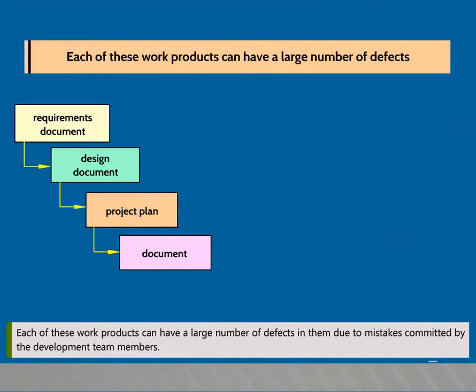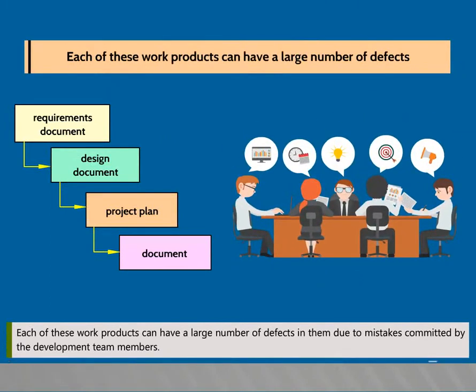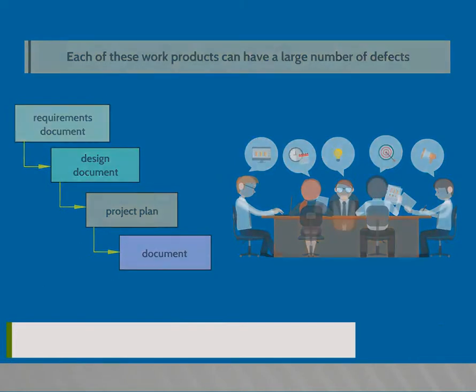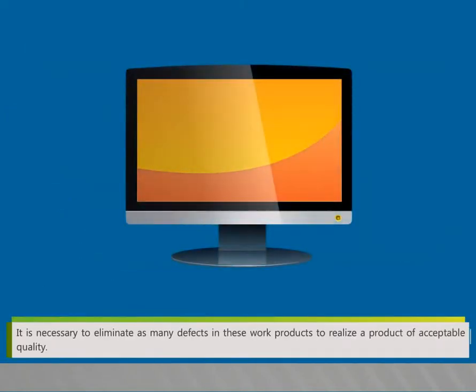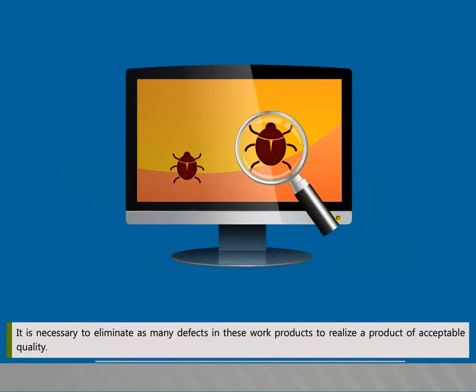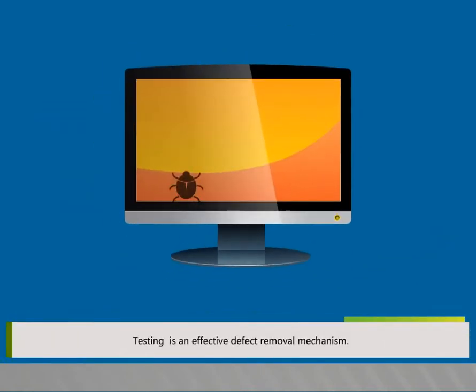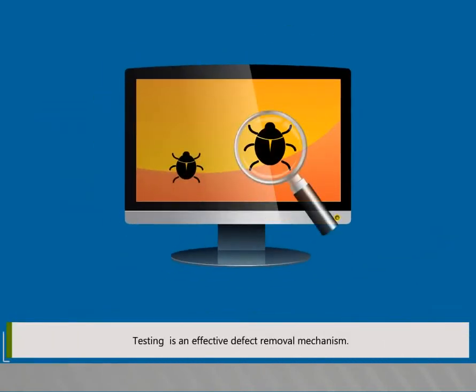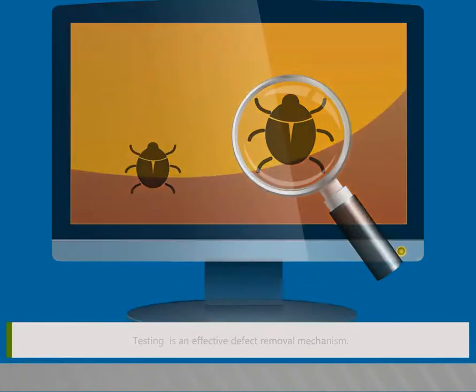Each of these work products can have a large number of defects in them due to mistakes committed by the development team members. It is necessary to eliminate as many defects in these work products as possible to realize a product of acceptable quality. Testing is an effective defect removal mechanism.